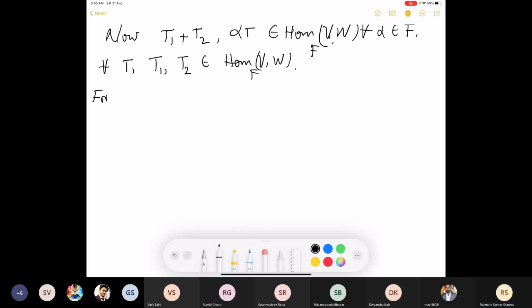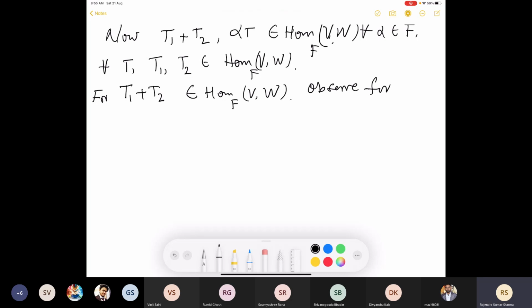For T1 plus T2 to be a homomorphism, one has to prove two things. It should preserve addition and scalar multiplication.